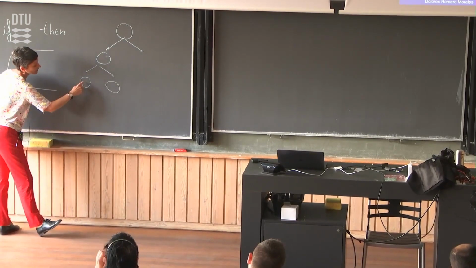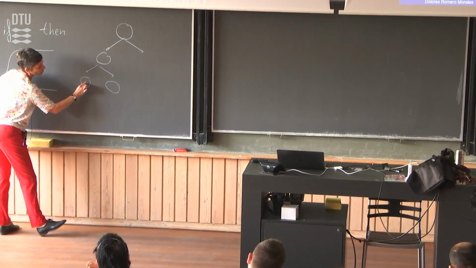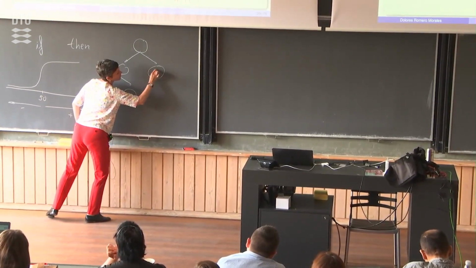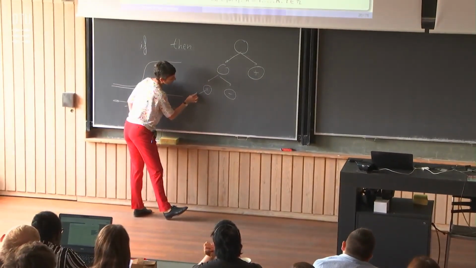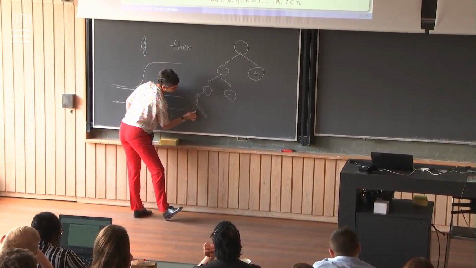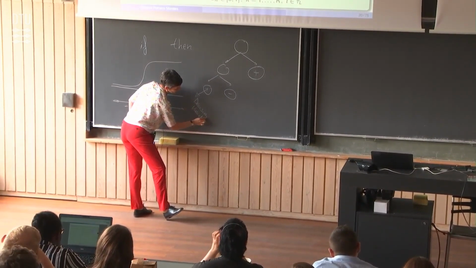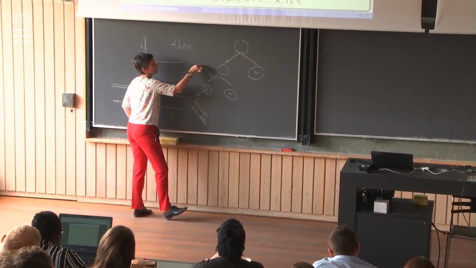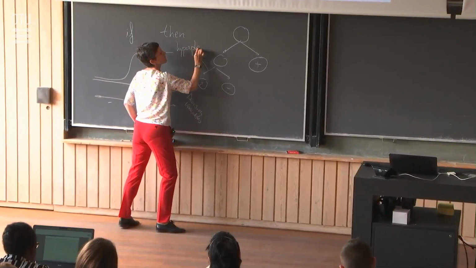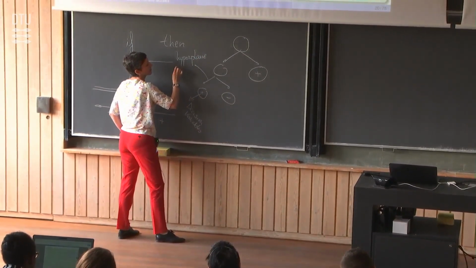So here in this terminal node, I should know whether this is a positive node or a negative node. And these are now decision variables. But also the hyperplane that is defining the cut.